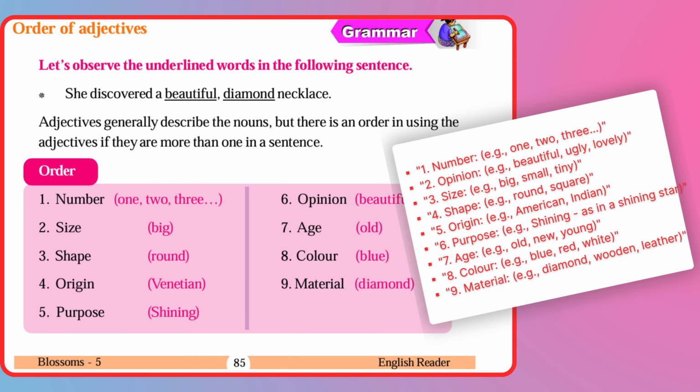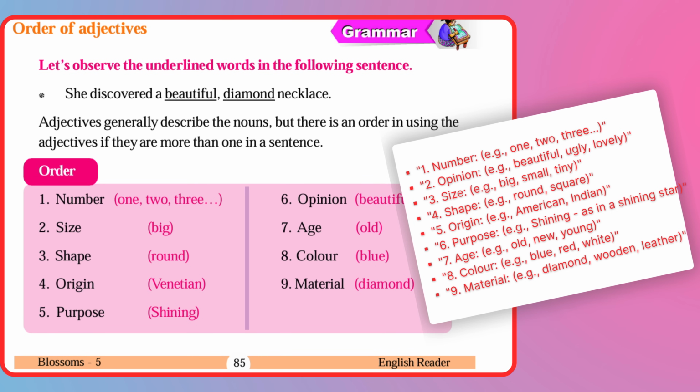Here we can see the order that is given in the textbook, but I have provided a separate screenshot also towards the right side. I will explain why I have given that. First, let us see the order given in the textbook.